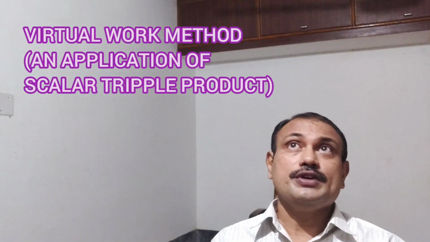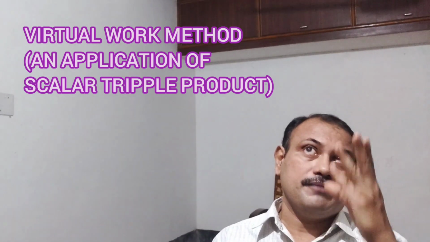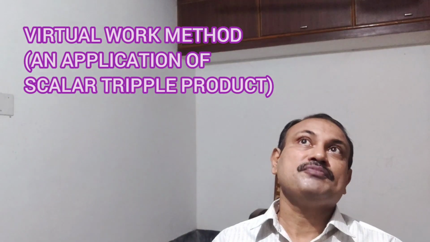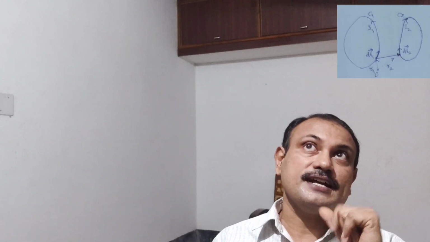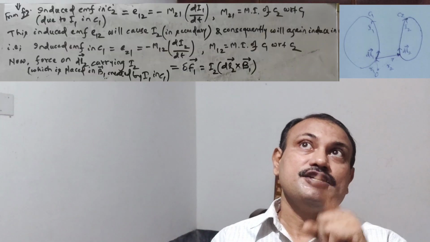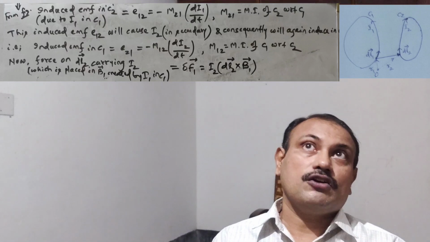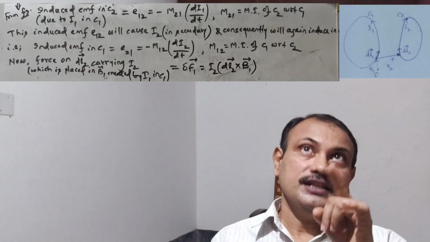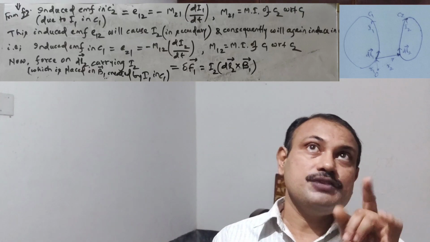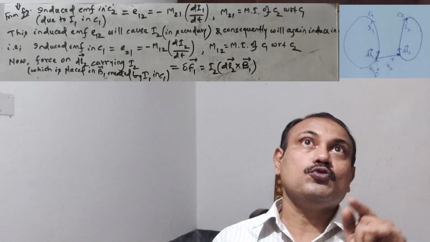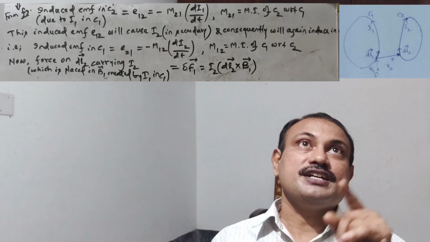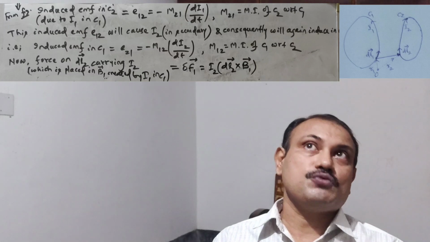In the same way, we can also proceed to prove this theorem by virtual work methods, which is an application of scalar triple product. If you see the same figure again, the induced EMF in C2, which is due to the current I1 in the contour C1, can be written as EMF E12, equal to minus M21 times di1 by dt, where M21 is the mutual inductance of C2 with respect to C1.